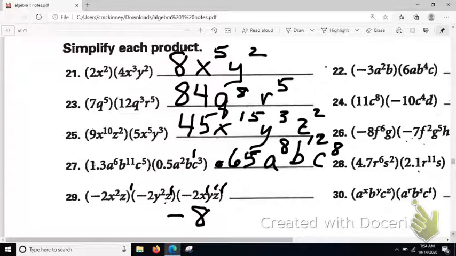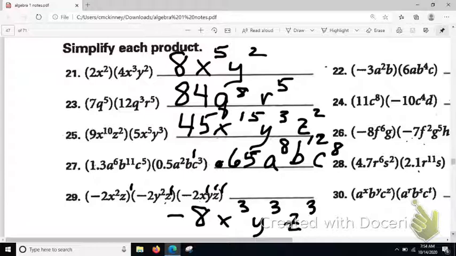Then I'm going to go with my x's. So I have x to the 2nd, and one more at the third monomial, so x to the 3rd. Then I'm going to look for y's. So I have y to the 2nd in the middle and one y at the end. So I have y to the 3rd. And then z's. And I see that each one has one z. So 1 plus 1 plus 1 also makes that z to the 3rd.